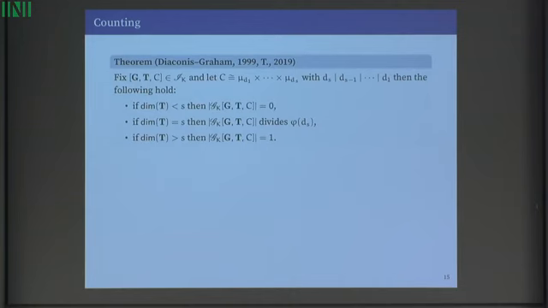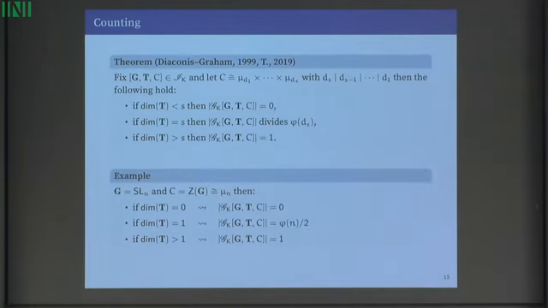Okay, so let's look at an example. Let's take G equal to SLN, and let's look at the center. That's going to be mu n. If the dimension of T is 0, obviously mu n can't embed in something that's 0-dimensional. Mu n does embed in a 1-dimensional torus, and then it's just the calculation we did before. This is going to give you Euler's phi function of n over 2 number of non-isomorphic groups. And then as soon as you have more than 1 dimension, you're done.